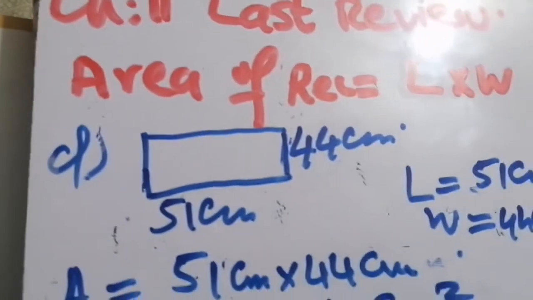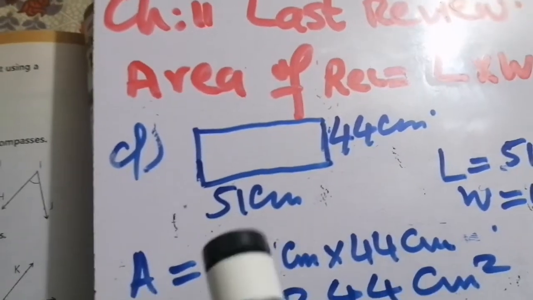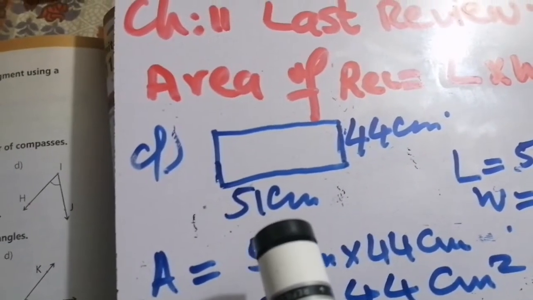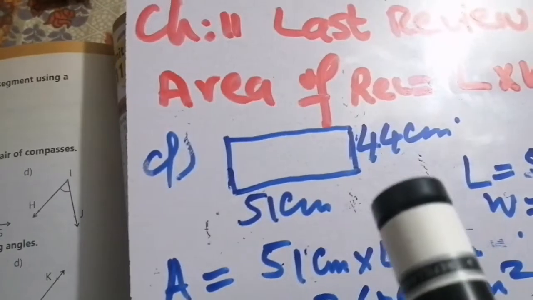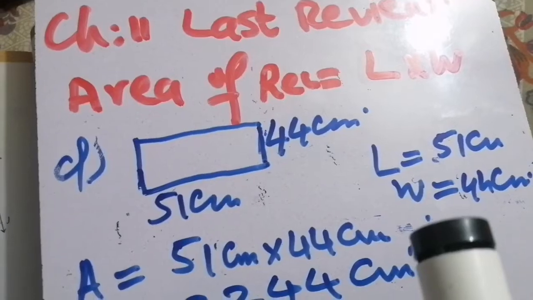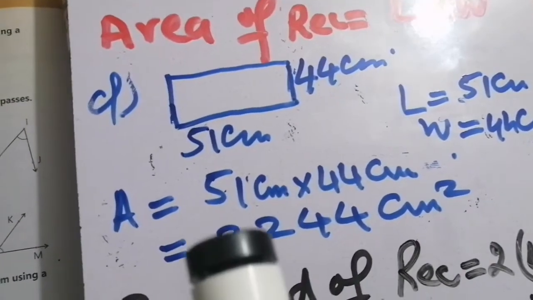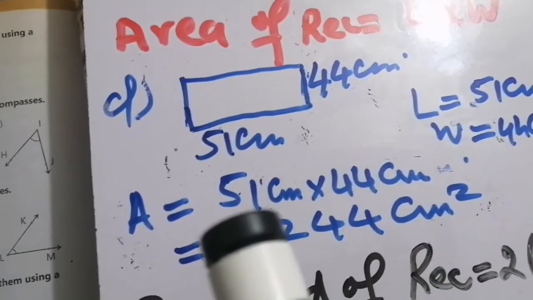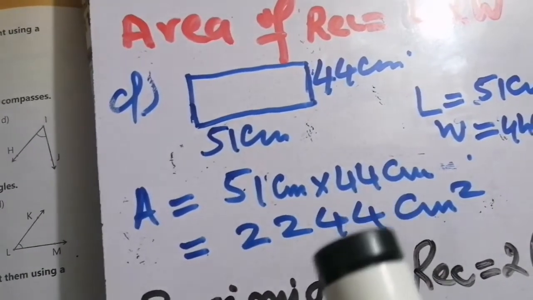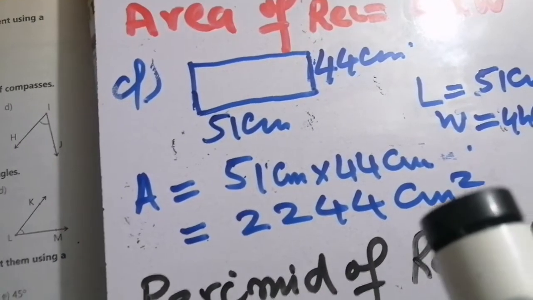So the answer is, the perimeter is 120 centimeters. Now part D. The length of a rectangle is 51 centimeters and width is 44 centimeters. So area will be length into width. So 51 multiplied by 44 is equal to 2244 centimeters square.